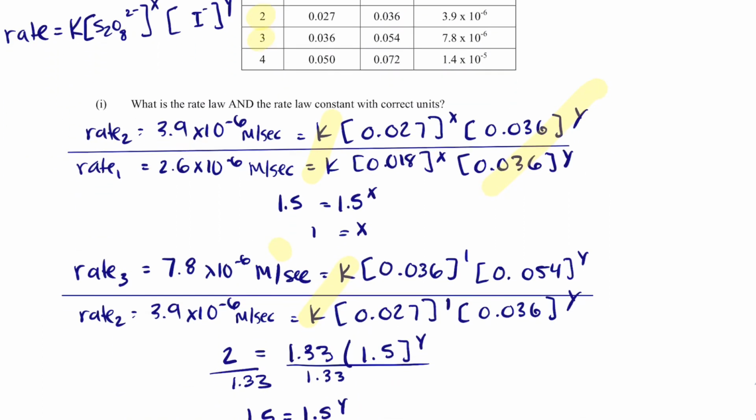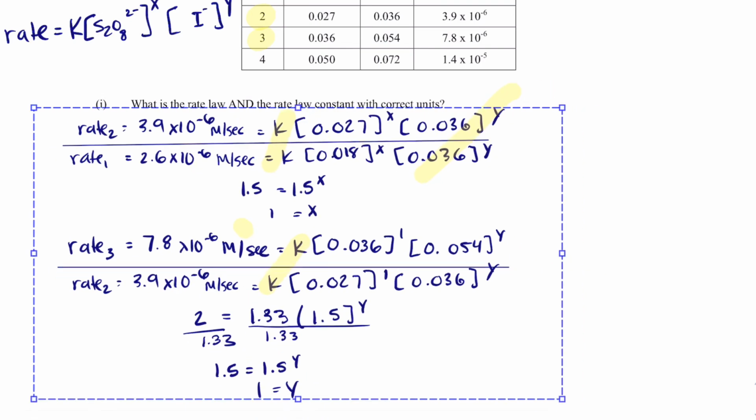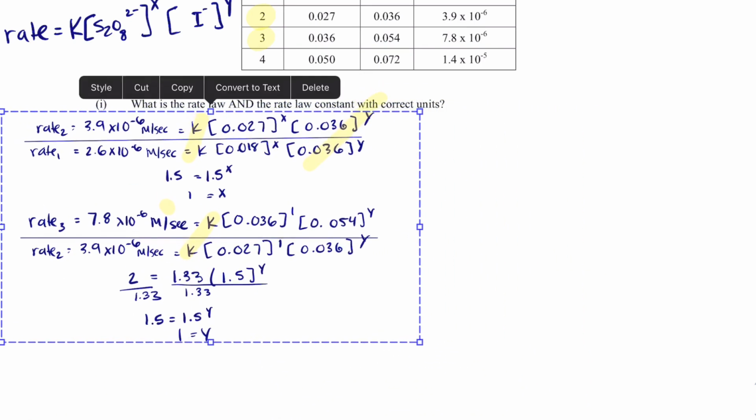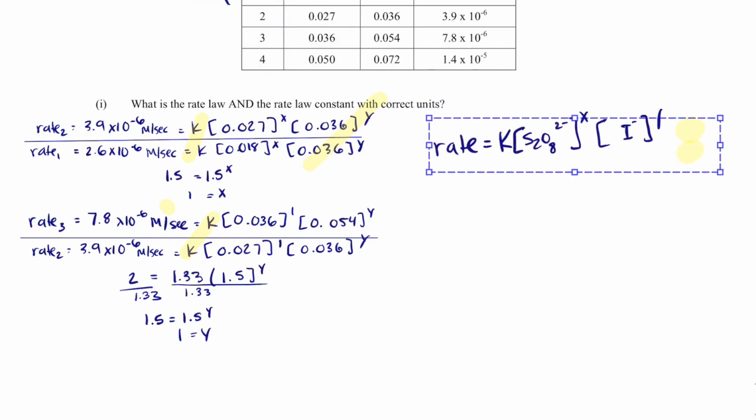Okay, so now I've done the hard work, and that's the only way that this problem is different. Now, all you have to do is solve for k, so go ahead and practice that. And they're both 1. I'm going to use experiment 1.